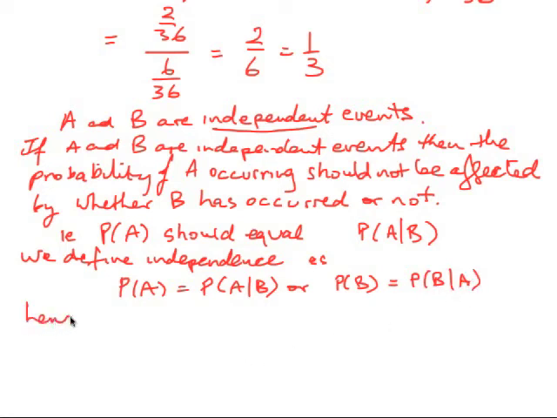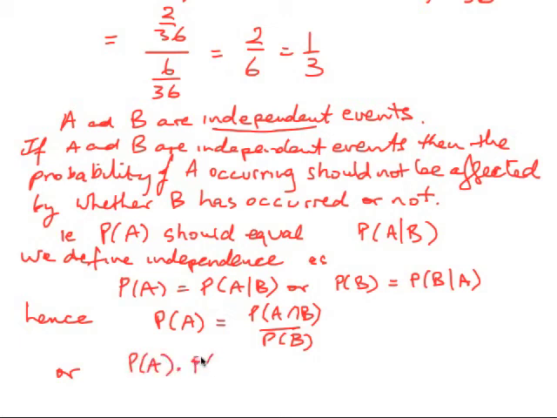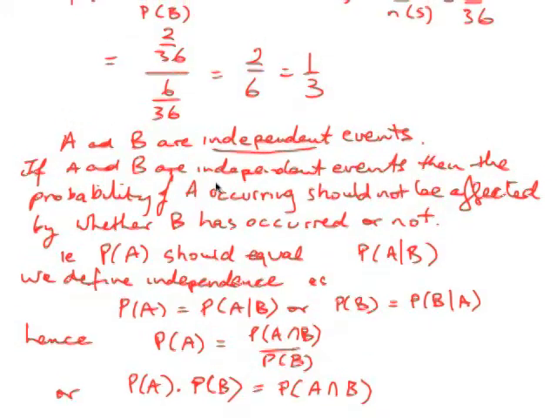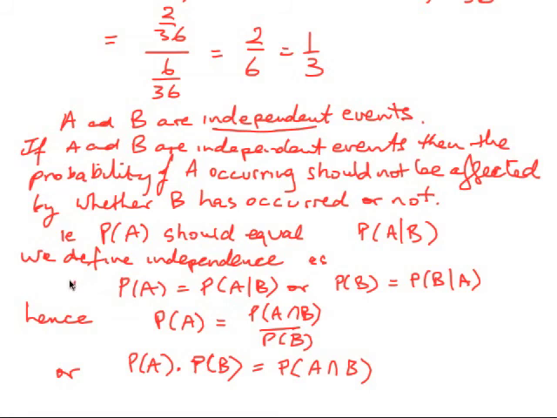Alright, hence what we can say is that the probability of A is equal to the probability of A intersect B over the probability of B. Or the probability of A times the probability of B is simply equal to the probability of the intersection of A and B. Right, so we have those three conditions here to determine whether events are independent.